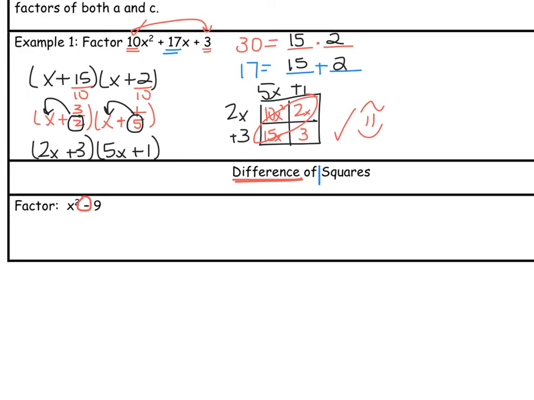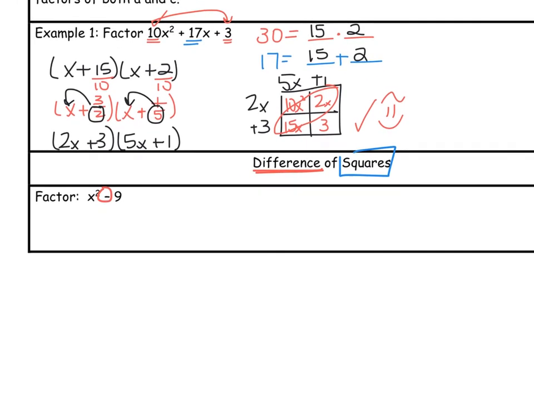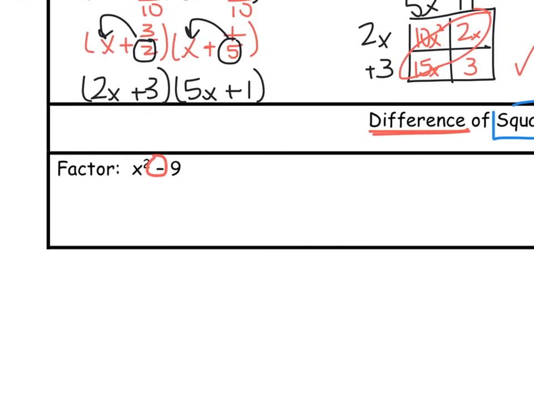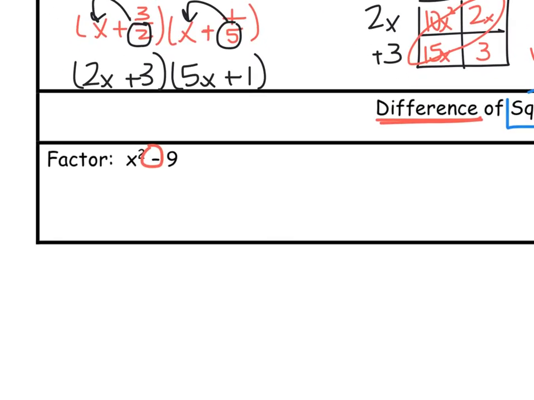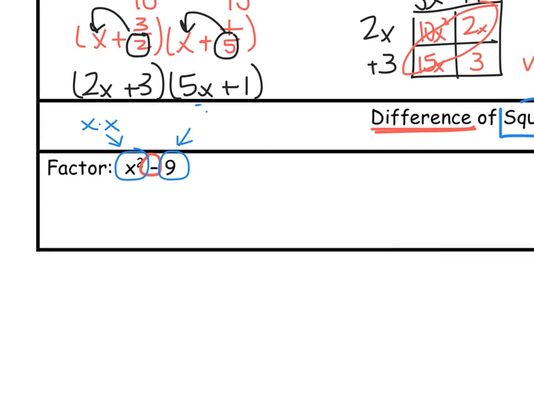And squares means that the first term and the last term are perfect squares. X squared is a perfect square, and 9 is a perfect square, because x squared is the same as x times x, and 9 is the same as 3 times 3. So this makes our job a little bit easier.